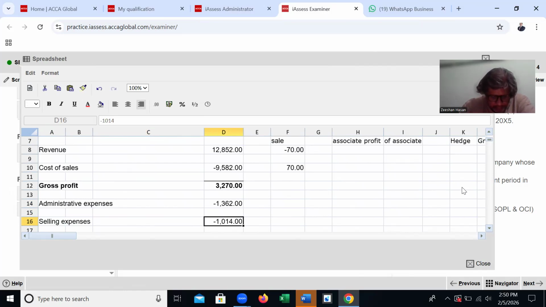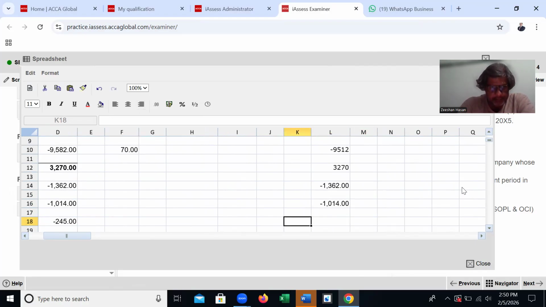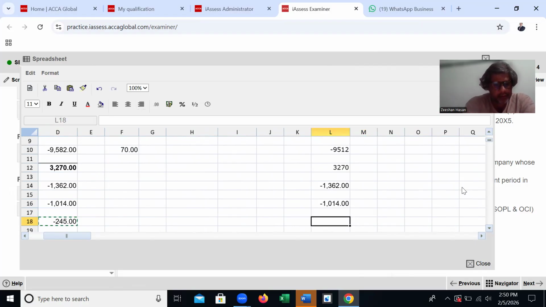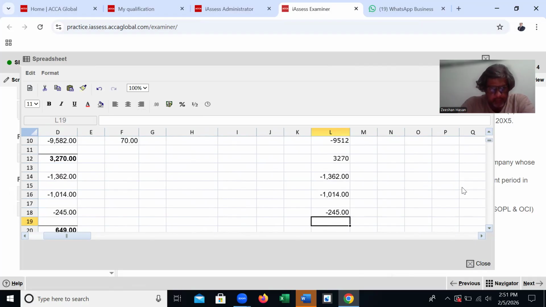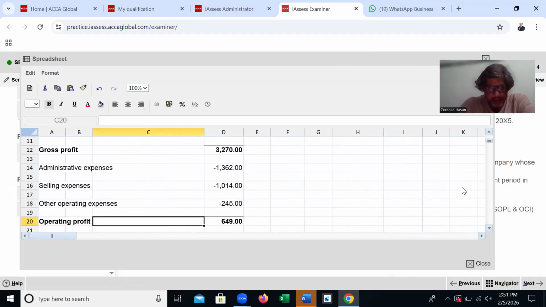Anything regarding selling expenses? Control V. Then anything regarding operating expenses, other operating expenses? No. So just go there. Control C, control V. Anything? No. Then we will move to the operating profit.